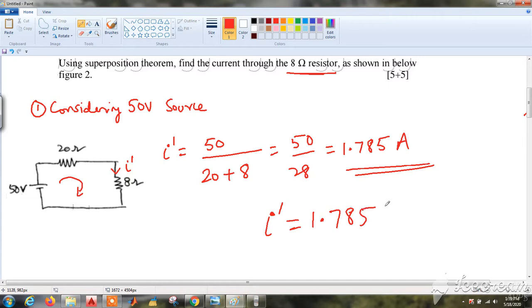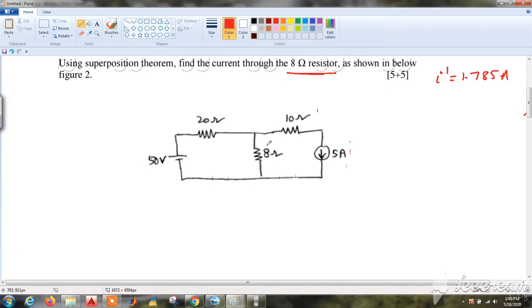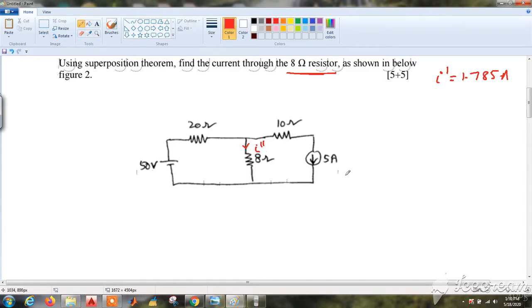So the first current while considering the 50 volt source is 1.785 amperes. Now please remember one thing: you have to take only one direction of current. If you are finding the current I dash like this while considering one source, then for the second source you need to consider the same direction in I double dash also. Whether you get positive or negative values for I dash and I double dash, only consider the same direction.